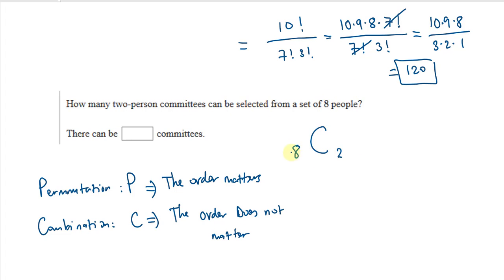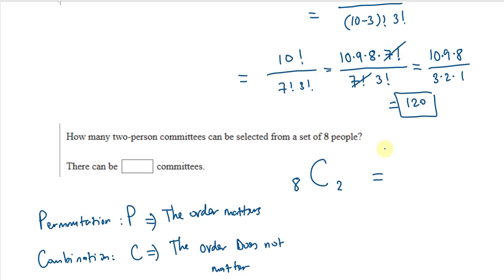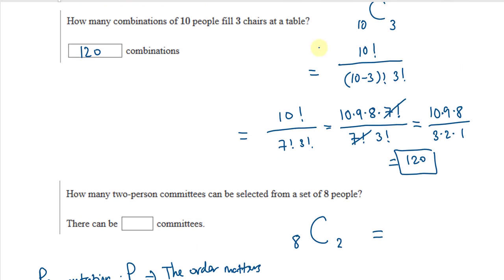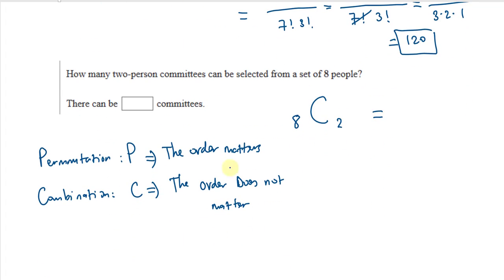So 8 people, we choose 2 for the committee. Applying the same formula as before, you have 8 factorial on the top, and then 8 minus 2 factorial multiplied by 2 factorial. We know that 8 minus 2 is 6 factorial.